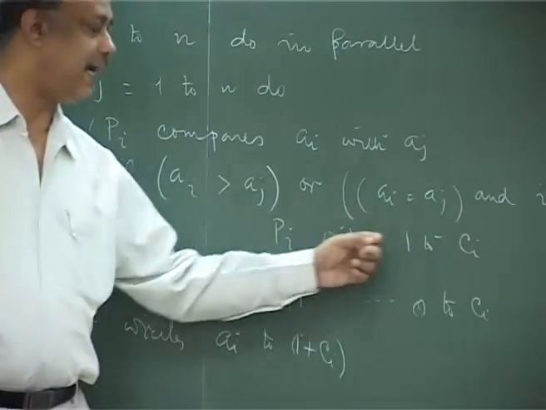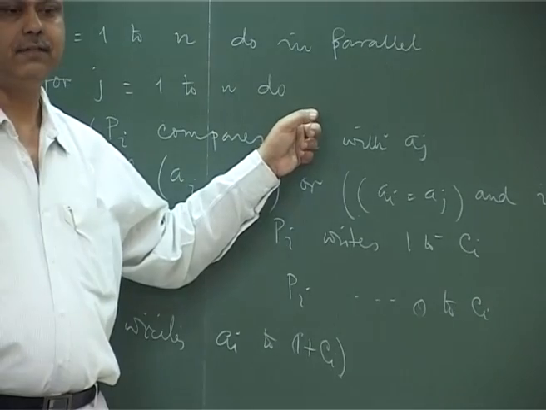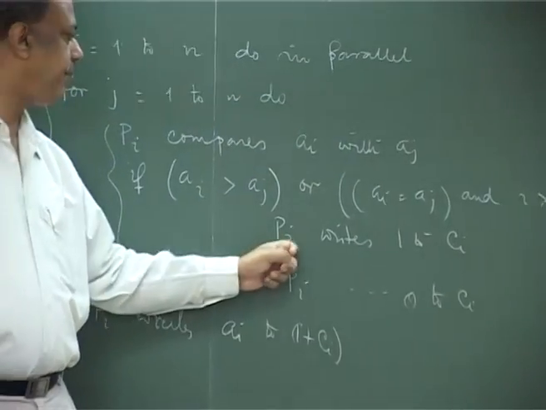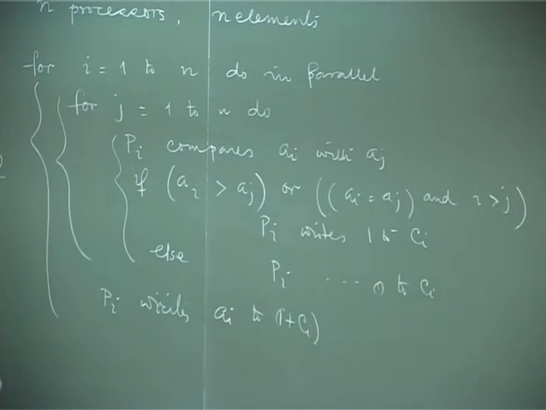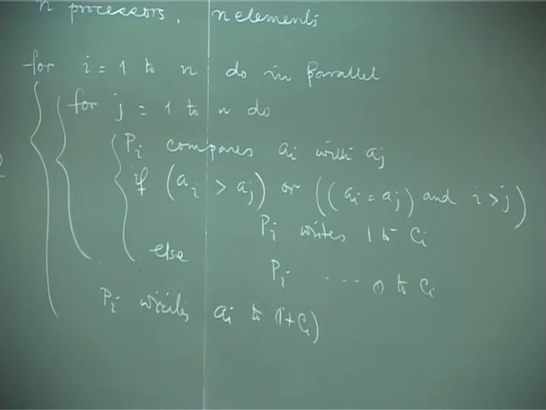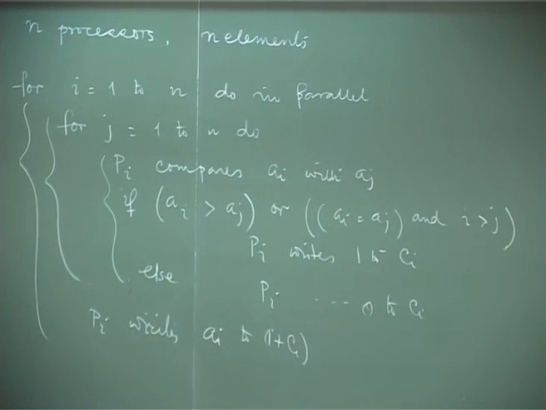Only Pi writes 1 to Ci. Here you will be writing for j equals 1 to n, do in parallel, and Pi writes 1 to Ci. Here concurrent write is coming, where several processors want to write into Ci. In order to handle the concurrent write, there are several ways you can think.